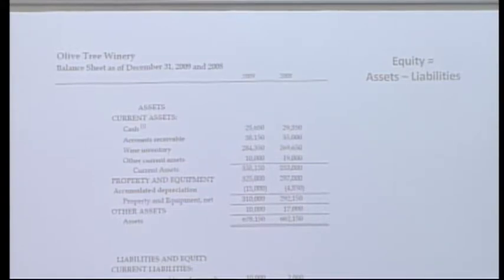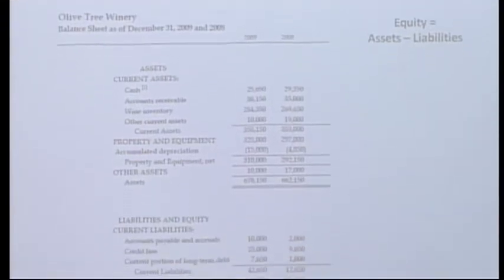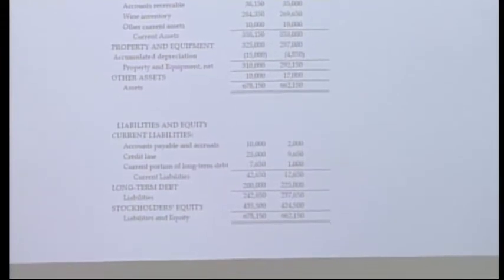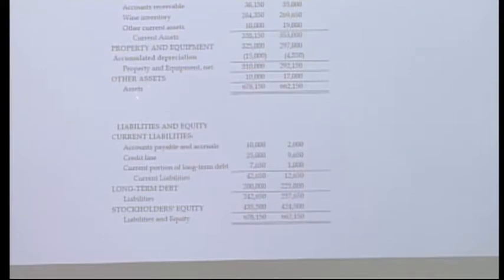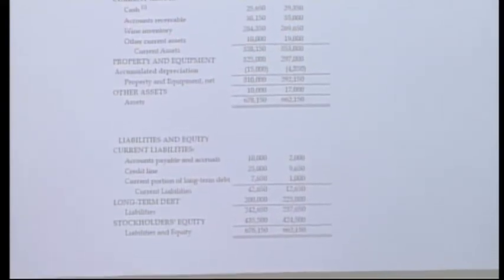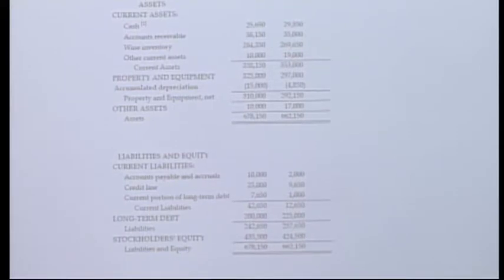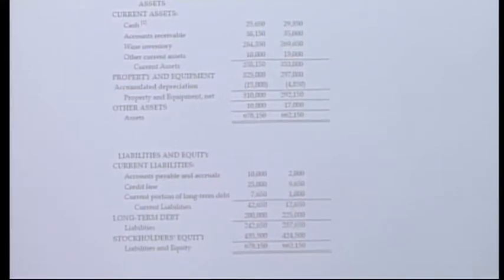On the other side, what we owe, take care about liabilities and equity. Liabilities plus equity equal total assets. Understand? On this side is what we own. Here is how we finance and put our money in our company.